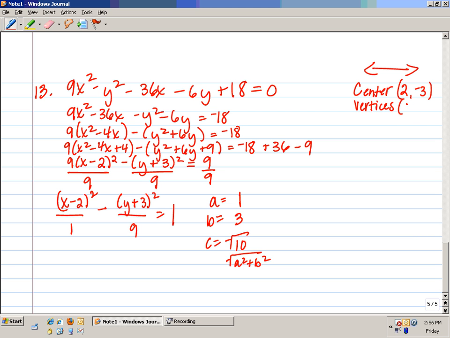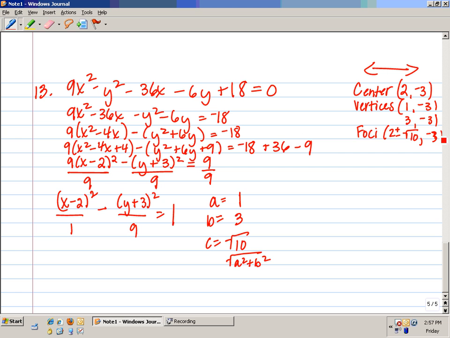So 1 to the left is going to be 1, negative 3. 1 to the right is 3, negative 3. So these are my vertices. The foci, I'm going to be moving square root of 10 plus or minus. So we write 2 plus or minus square root of 10, negative 3.